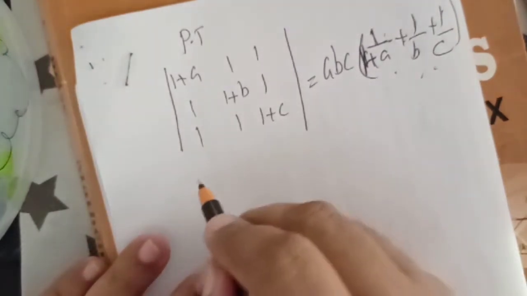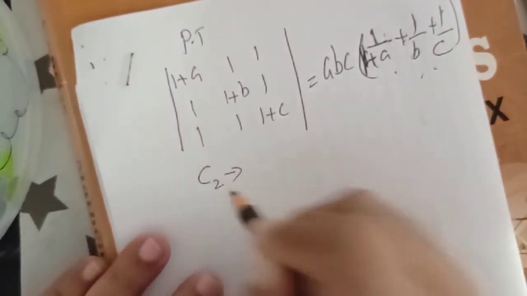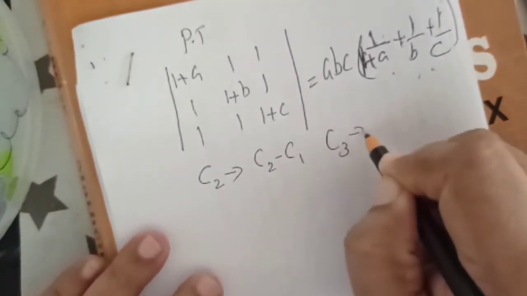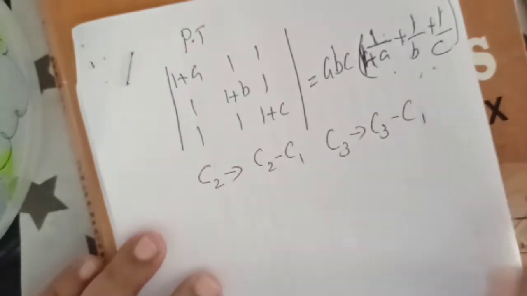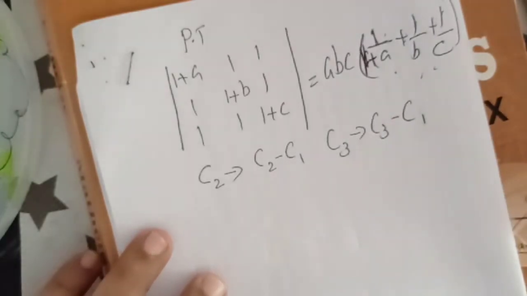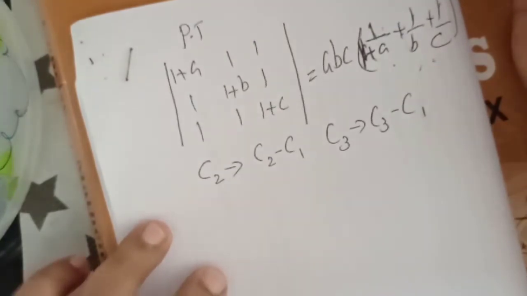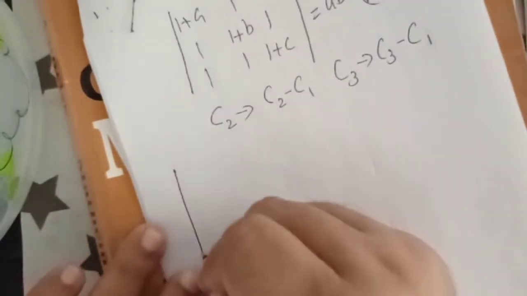Write the step. C2 changes to C2 minus C1 and C3 changes to C3 minus C1. Therefore, 1 plus A, 1, 1.